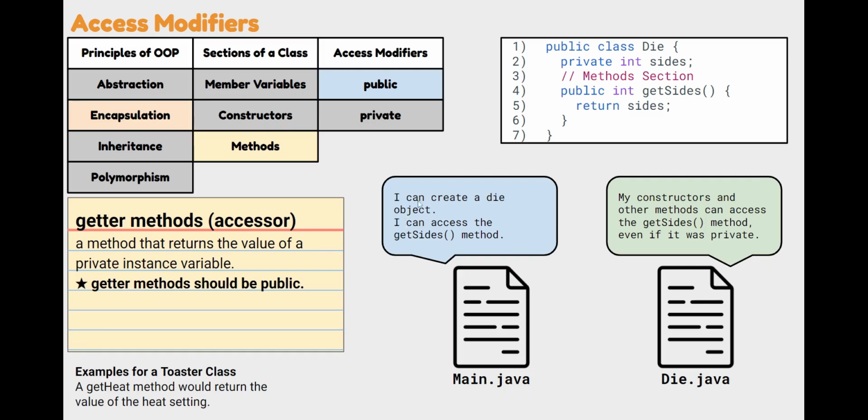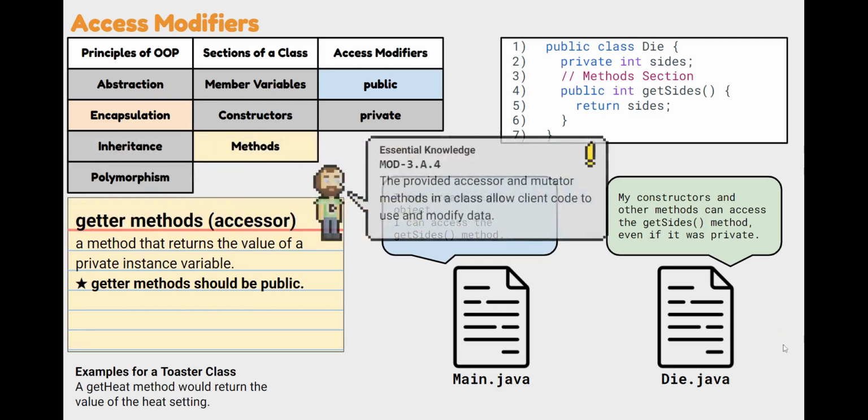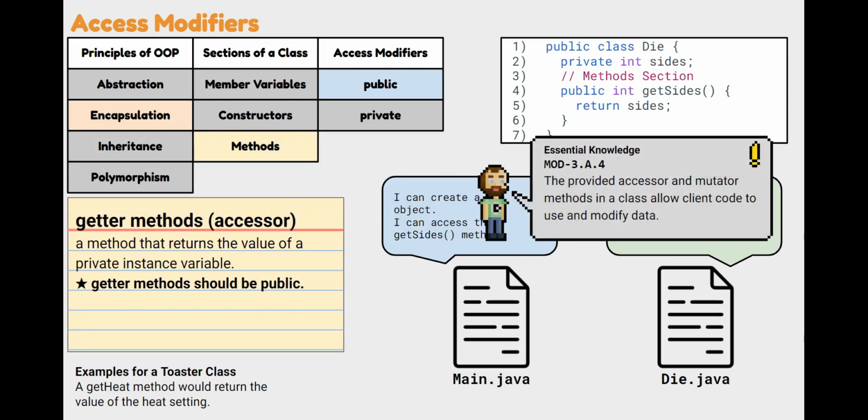So the main.java can create a die object, and it can access the getSides method, in which it will get the value from sides but still not have direct access to the variable sides. In the die class, anybody can call getSides, even if it was private, because it's still in the same class. This aligns with our learning objective. The provided accessor and mutator methods in a class allow client code to use and modify data.